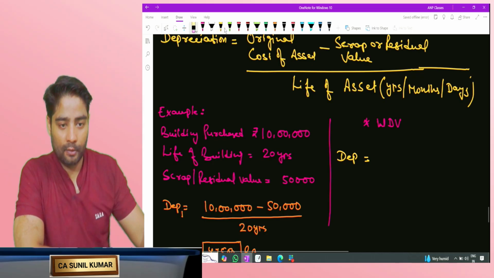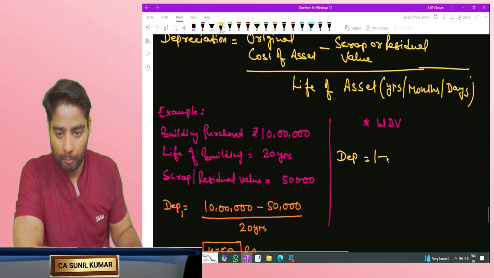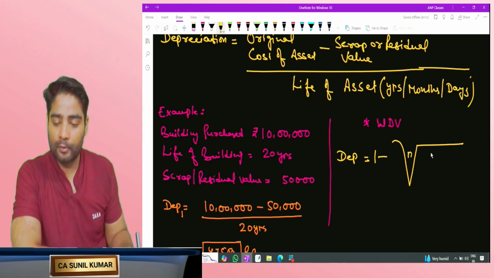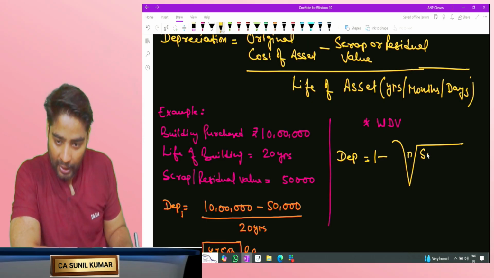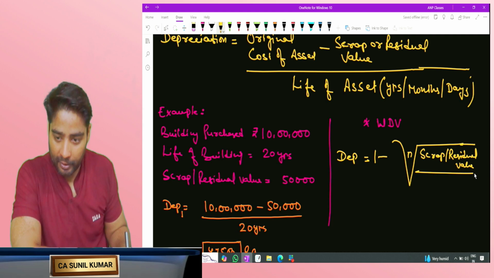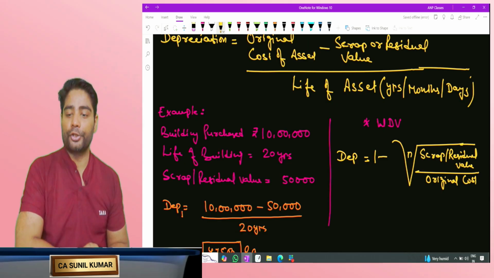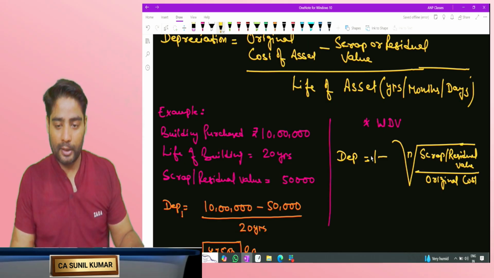The formula is 1 minus the nth root of scrap or residual value divided by original cost. Original cost. So let us take an example.